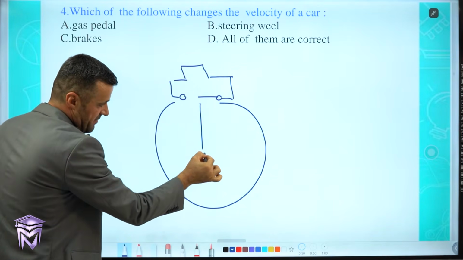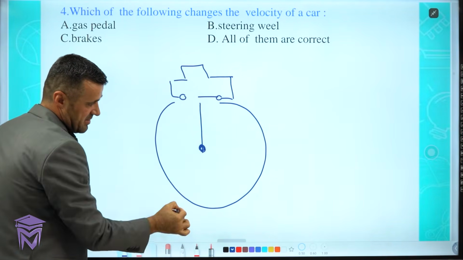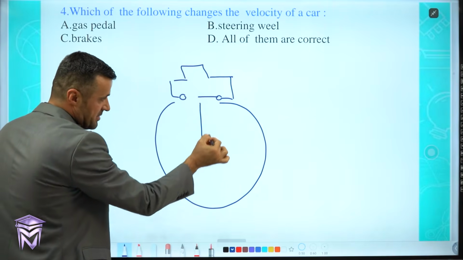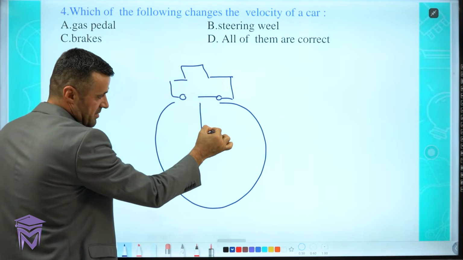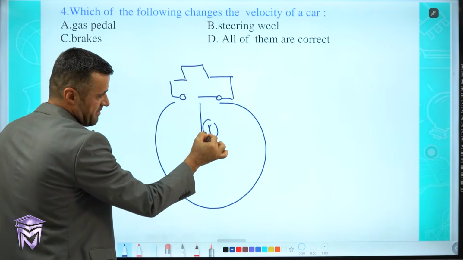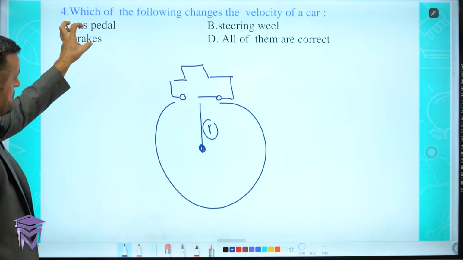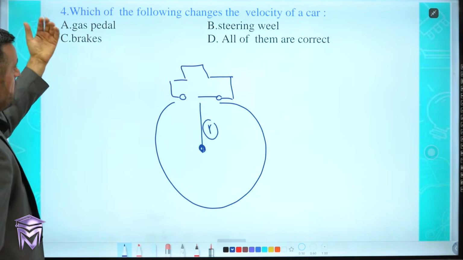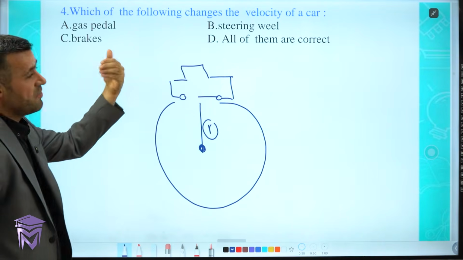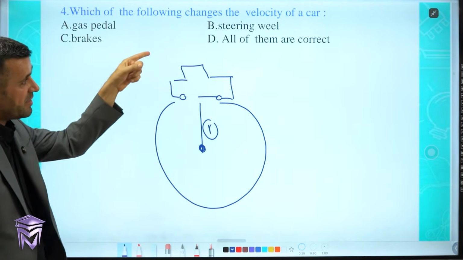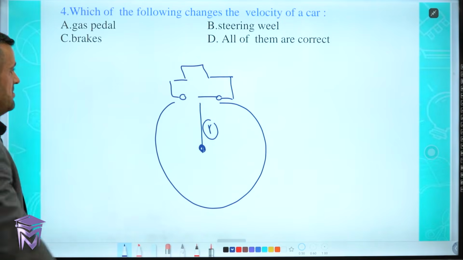Each circle has a certain center, and the distance between the center and the edge of the circle is called a radius. But this question requires us to find which of the following changes the velocity of the car.